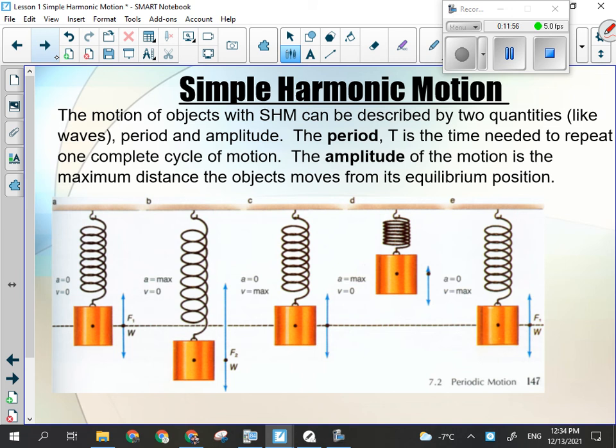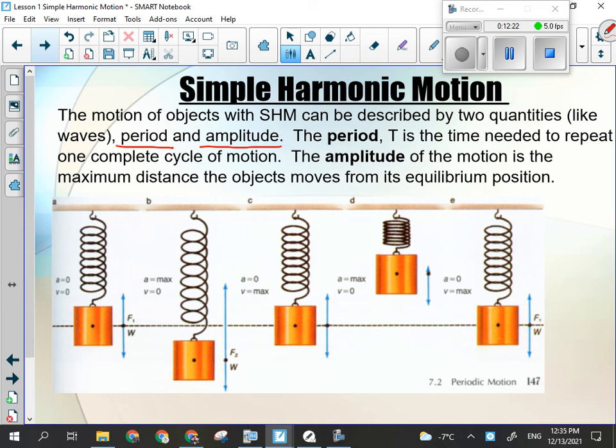So the motion of objects that are oscillating, or sometimes they say vibrating or resonating with simple harmonic motion, can be described by two quantities, okay? Period and amplitude. Okay, now, period, we were already familiar with. We learned that term in the last unit.